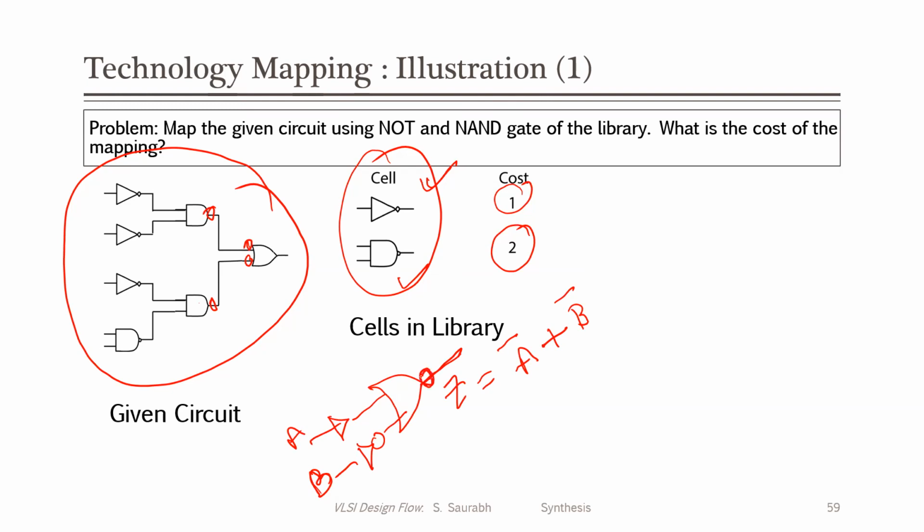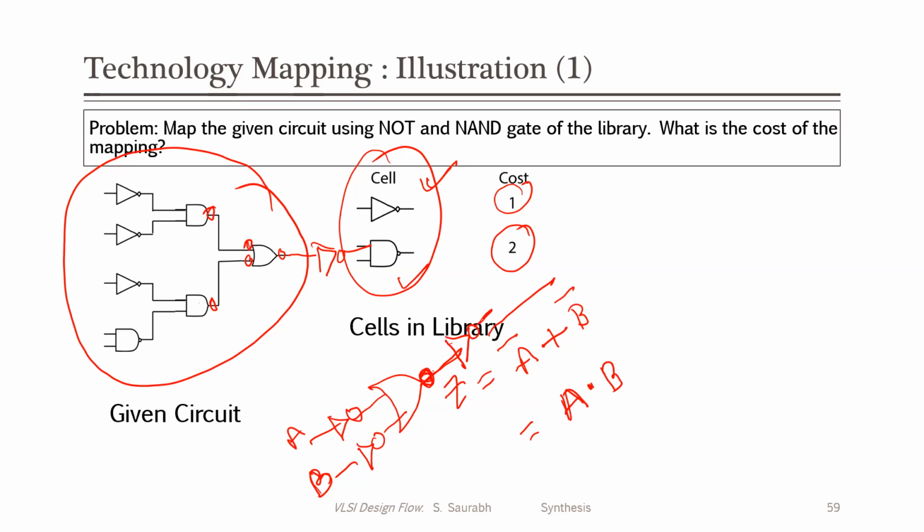And if you have an inverter here also, you put two inverters here, then if we take this one, it is A bar plus B bar whole bar, which is nothing but A dot B. And if you take one more inverter, then suppose I have it like this, right?